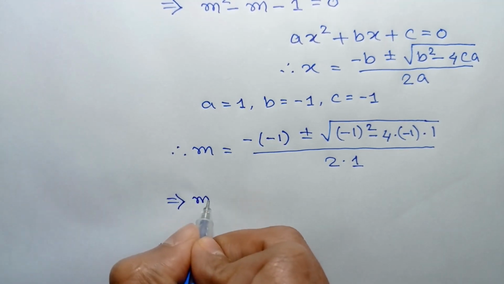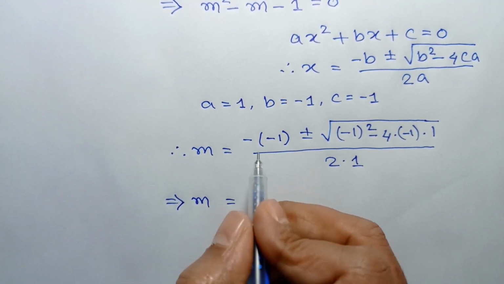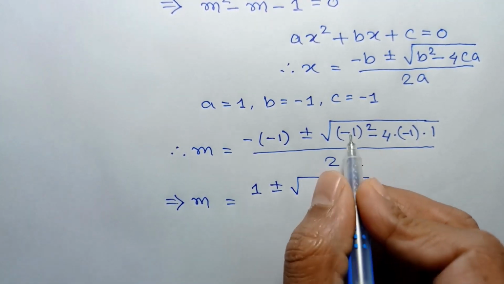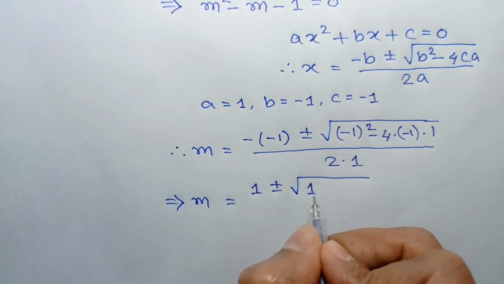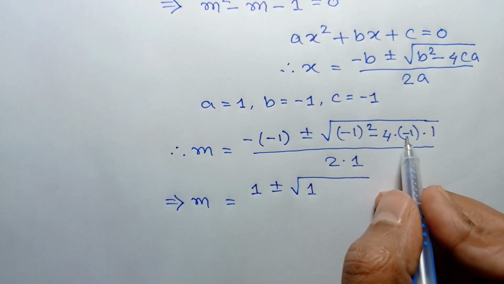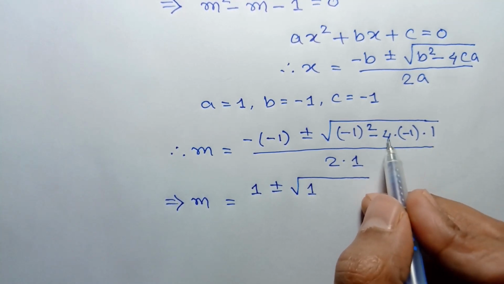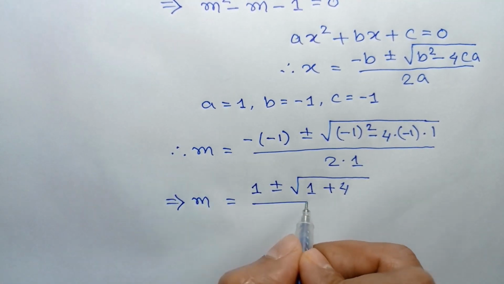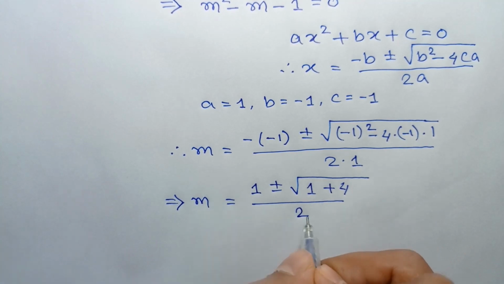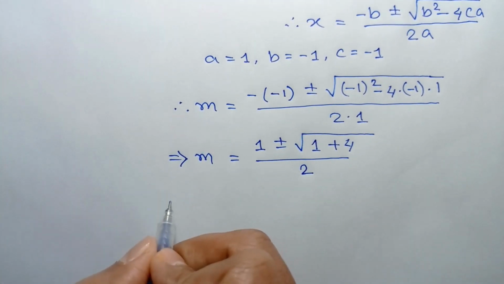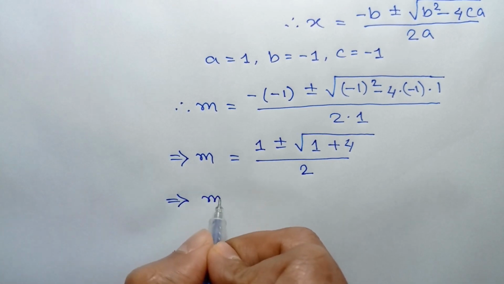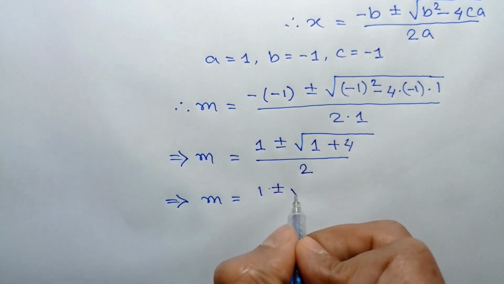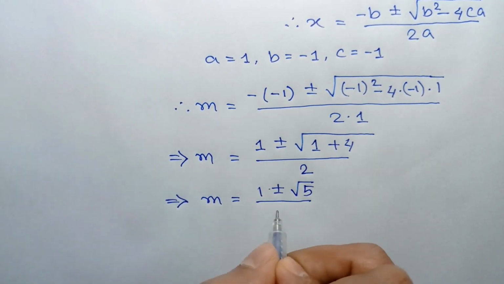So m is equal to positive 1 plus or minus square root of 1 minus 4 times negative 1, which is plus 4, over 2. So m is equal to 1 plus or minus square root of 1 plus 4, which is 5, over 2.